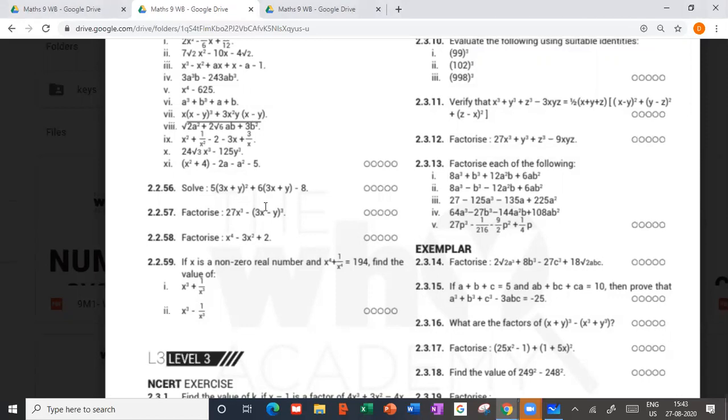Unless they have specified using factor theorem in the question, never go for it, because you need to show trial and error and all that. So always resort to splitting the middle term, or if it's by identity, check that. Last thing, keep factor theorem. If they don't mention anything and just say factorize, then go for splitting the middle term.